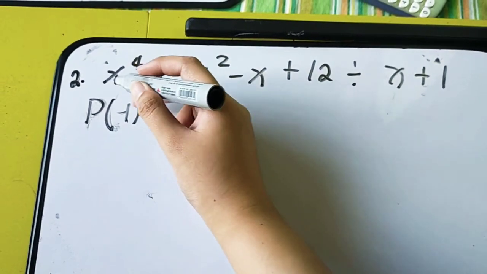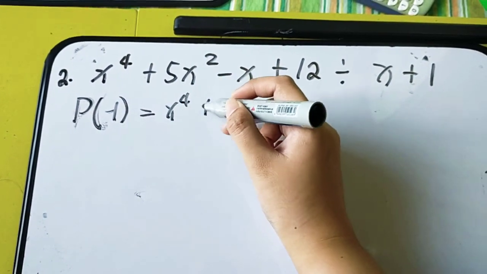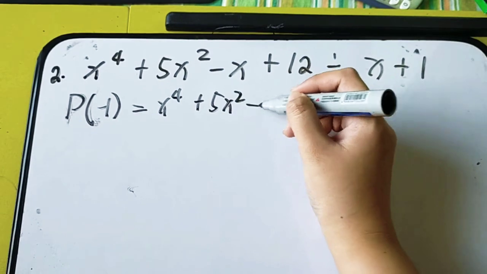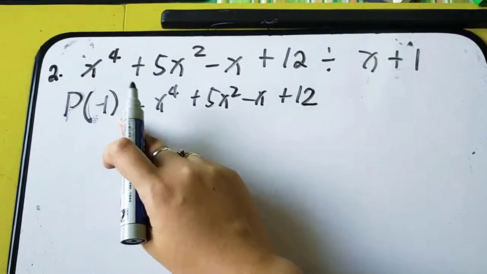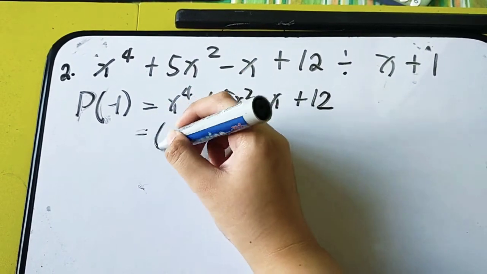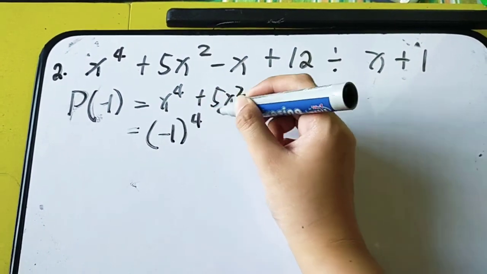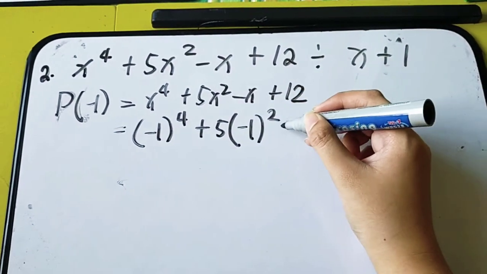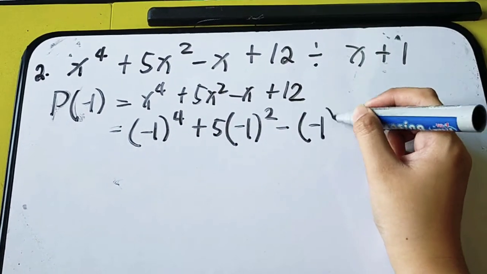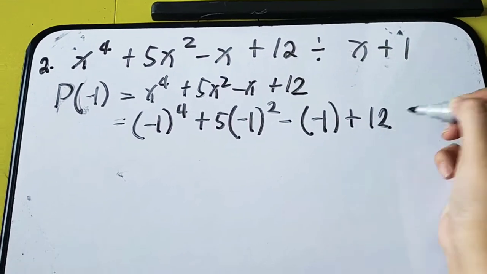Okay? So, we have here x raised to 4 plus 5x squared minus x plus 12. Change all x's into negative 1. So, we have here negative 1 raised to 4 plus 5 times negative 1 raised to 2 minus negative 1, then plus 12.